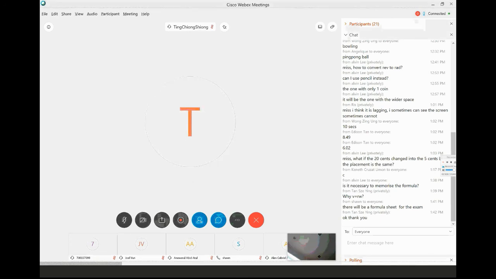Yes, there will be a formula sheet. The sample of the formula sheet, you can refer to in your Moodle. Under revision, under the midterm, or the partial midterm, at the very bottom there is a formula sheet, so you can refer to the sample there. When you try your exercises, I encourage you to open it, or if possible, print it out.